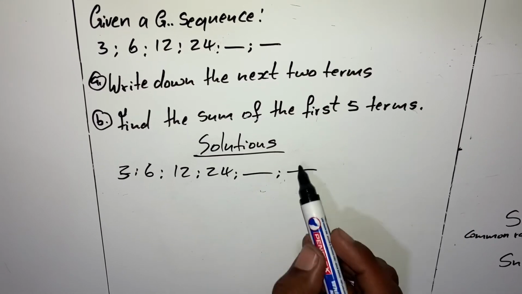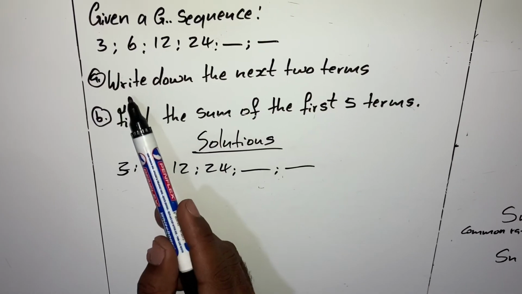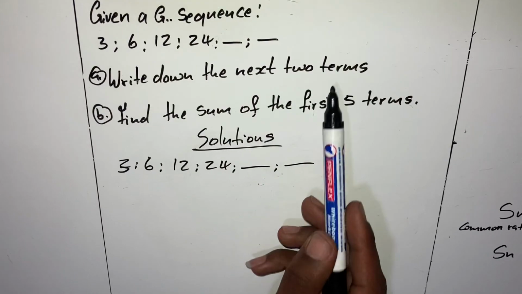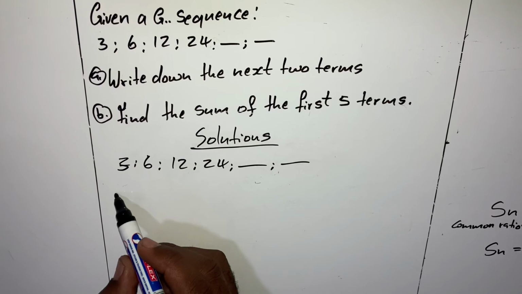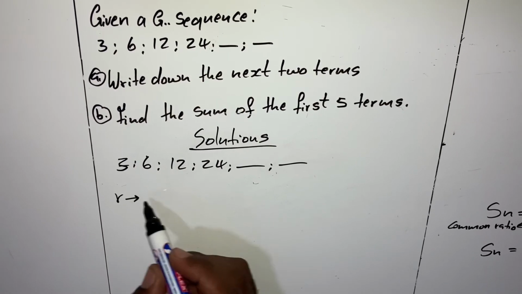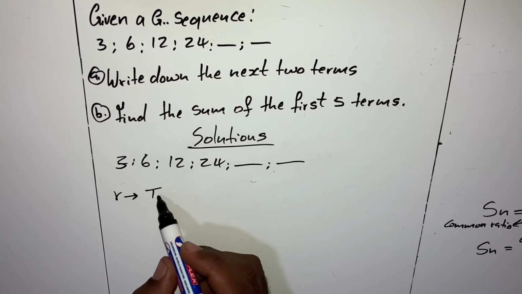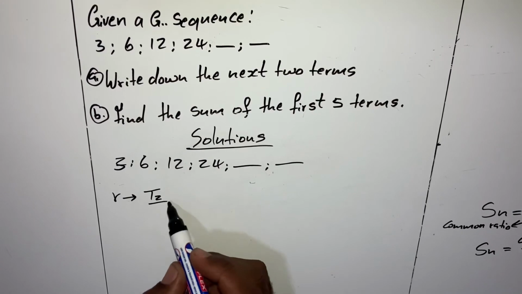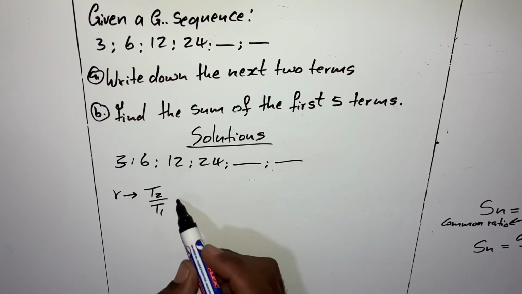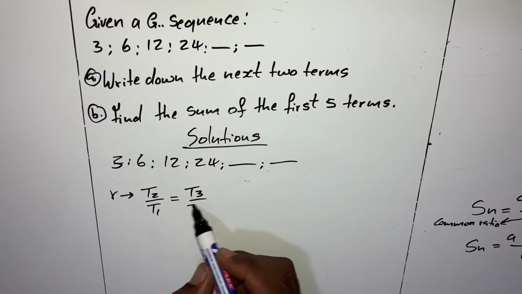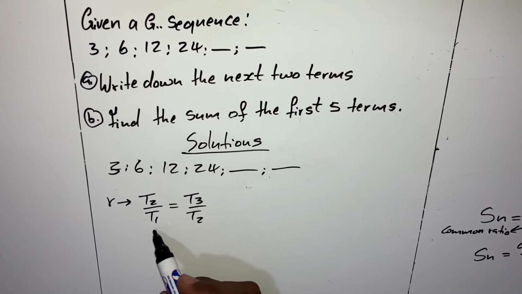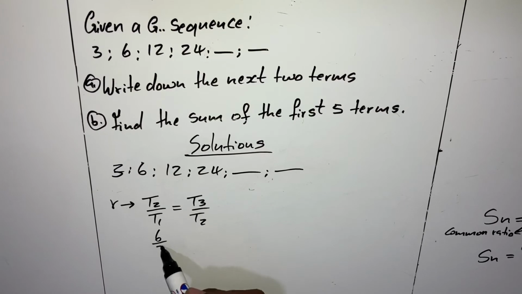Then we have these, and our first question was to write down the next two terms. To find the next two terms, you are firstly required to find our common ratio using the formula T2 over T1 is equal to T3 over T2. Our T2 is 6 divided by 3.